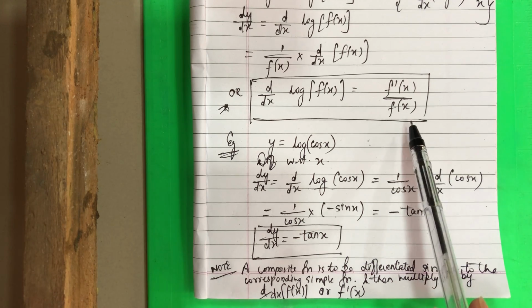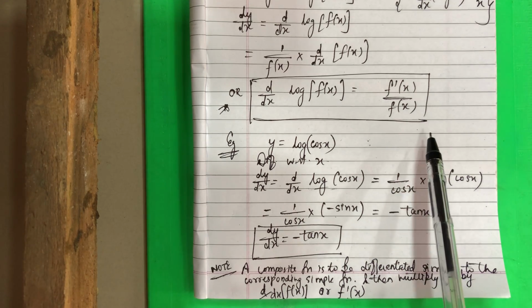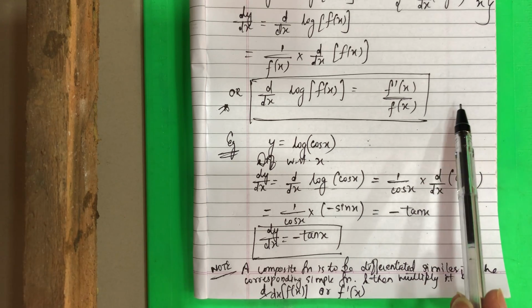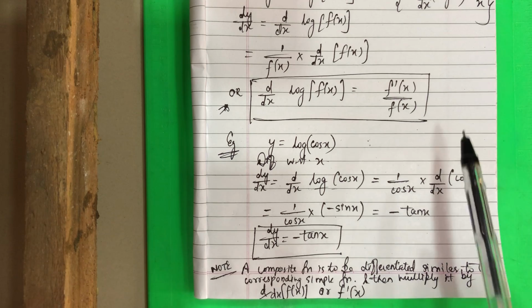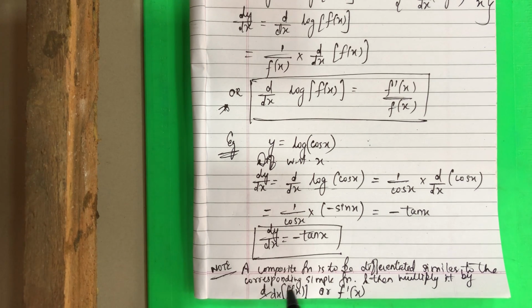Everywhere we are using the formula for derivative of simple function only, but we are multiplying with f dash x. That is the derivative of a composite function.